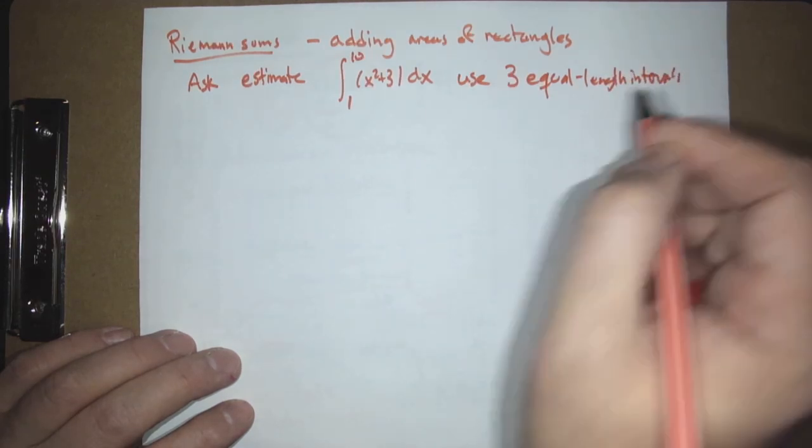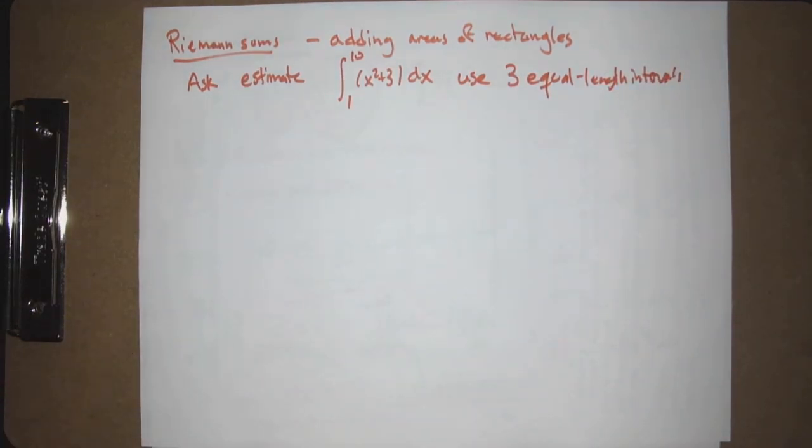This is one of the variations that you might see. Do you have enough information to answer this question? And if not, what else do you need to know? Do you want us to take the left, right, or middle?